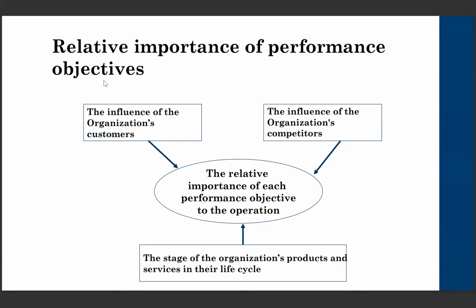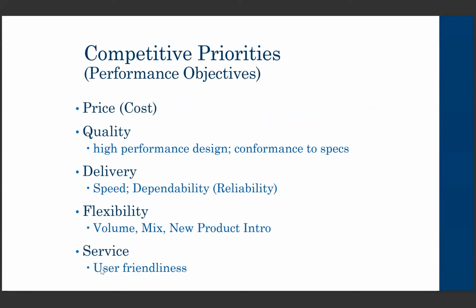How these will impact our customers when we are increasing our quality, increasing our service, how the customers will react, and the influence on organization competitors. When we are changing these performance objectives, our competitors are not going to stand there idle and do nothing.